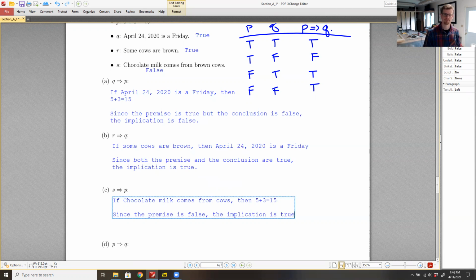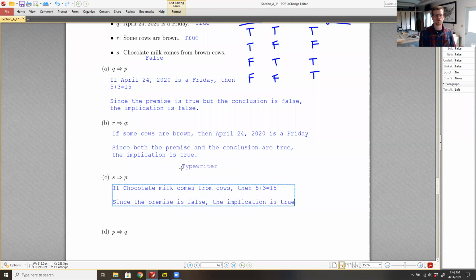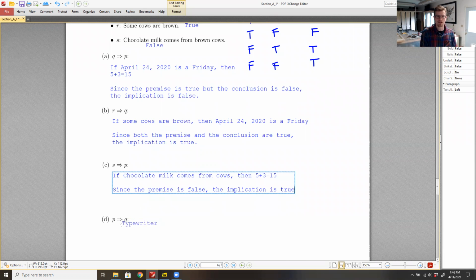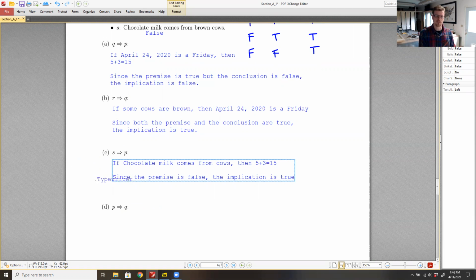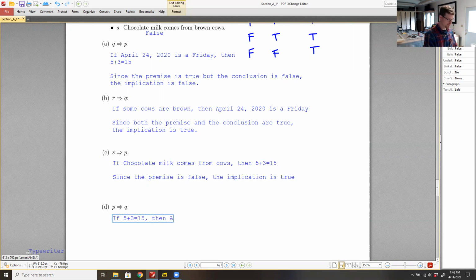Done. That's it. All right, so finally, we find ourselves at P implies Q, which is, right, swapping P and Q from our first example. So here we have if 5 plus 3 is equal to 15, then April 24th, 2020 is a Friday.